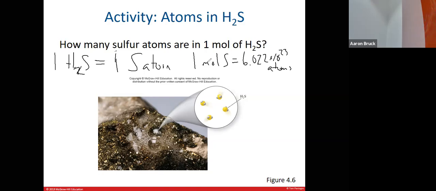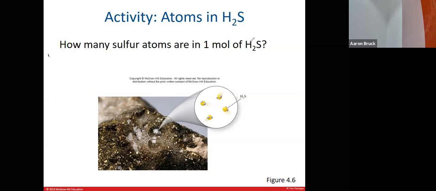So if I put those two concepts together, starting with my 1 mole of H2S, I know that for every H2S, I get 1 atom of sulfur.